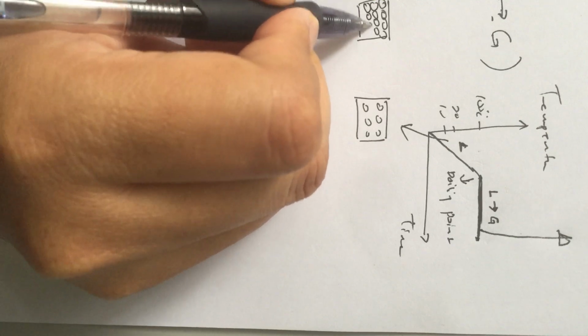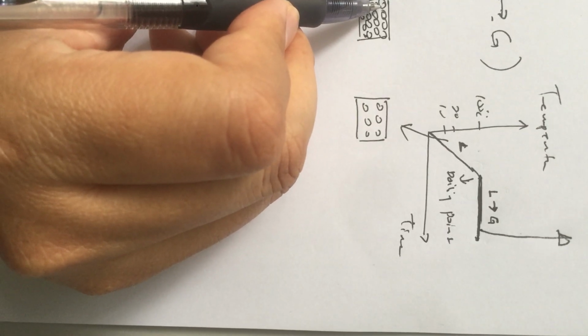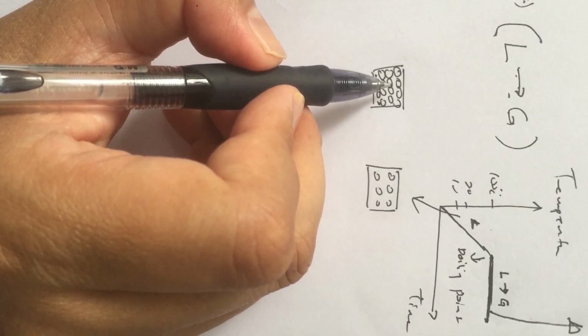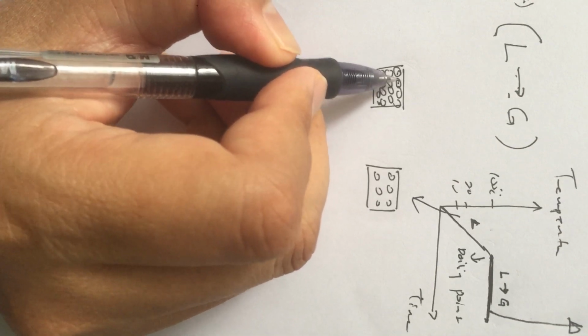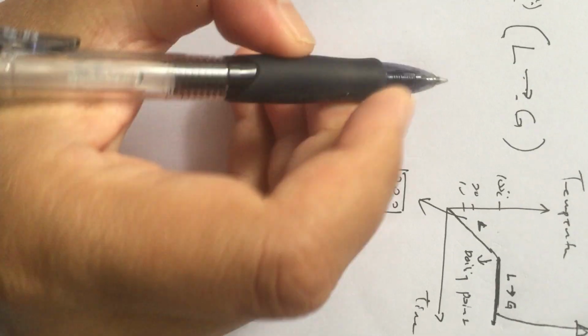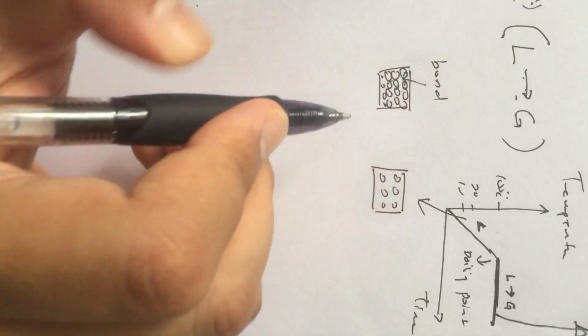So as we discussed earlier, in a solid form, the space between particles is so close together, right? Because there are bonds between the particles.